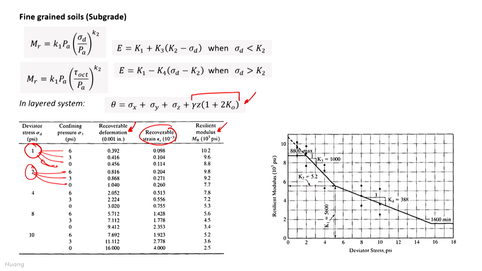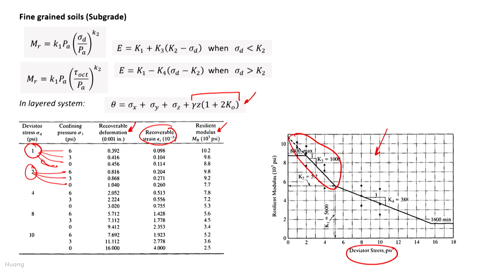And here what is typically observed is that for the same given soil, depending on the value of the deviatoric stress, there can be two separate equations. For example, if you see this particular picture here as an example. This graph shows that there are two zones, one zone of linearity is here.